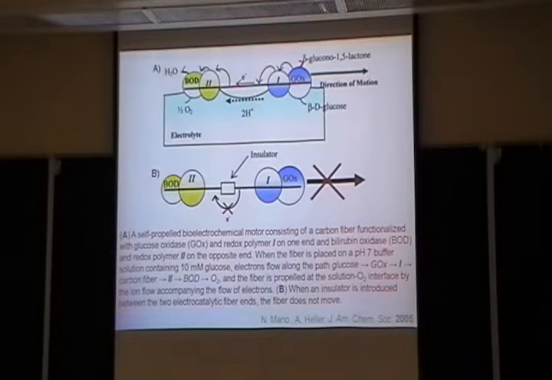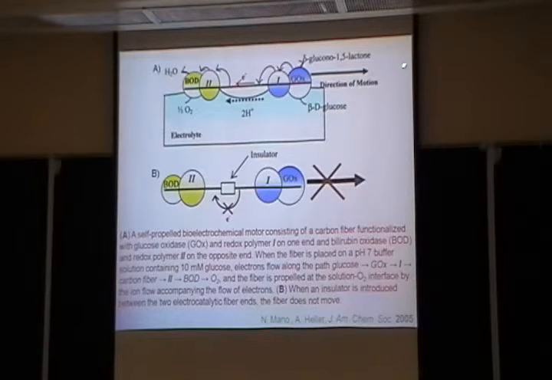So what this one is, first of all, a carbon. It's so simple, it's almost stupid. It's a carbon fiber. It's actually pretty long, several millimeters long. And one side has been dipped into glucose oxidase enzyme, and the other side has been dipped into this reductase.